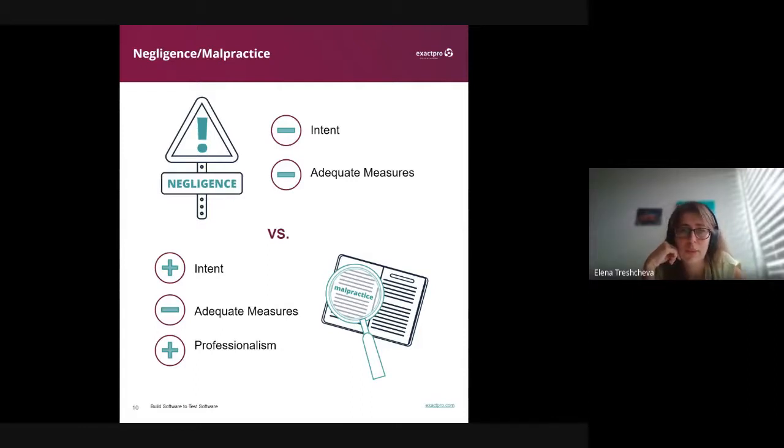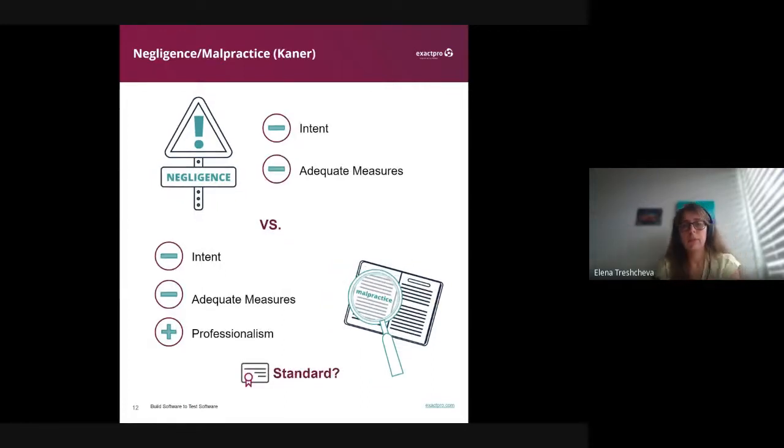So speaking about intent, the first difference is whether a person is aware that he or she is not acting in the right way. And another moment which helps to distinguish between the two is the standard, the certification, the professional level.